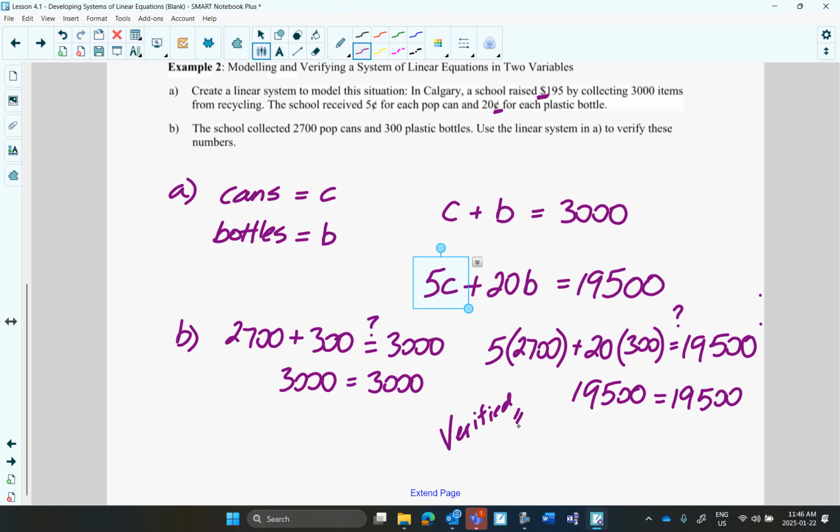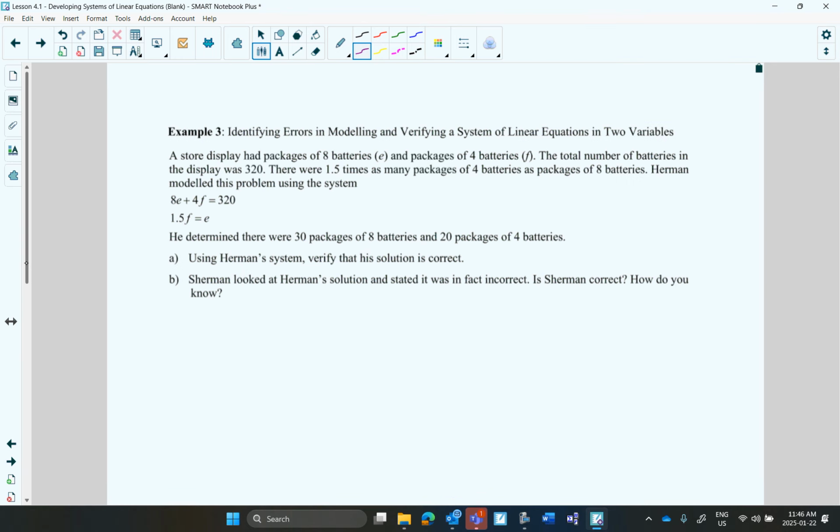Okay, last question. A store display has packages of 8 batteries, which are called E, and 4 batteries, which are called F. We are told that the total number of batteries in the display was 320, and there were 1.5 times as many 4 batteries as 8 batteries.